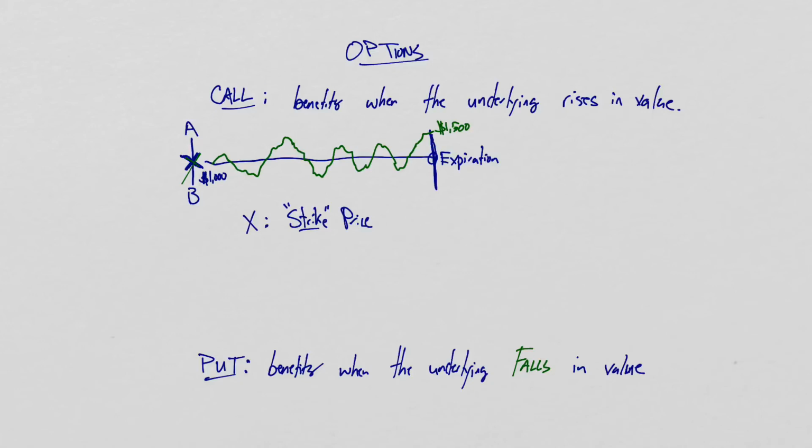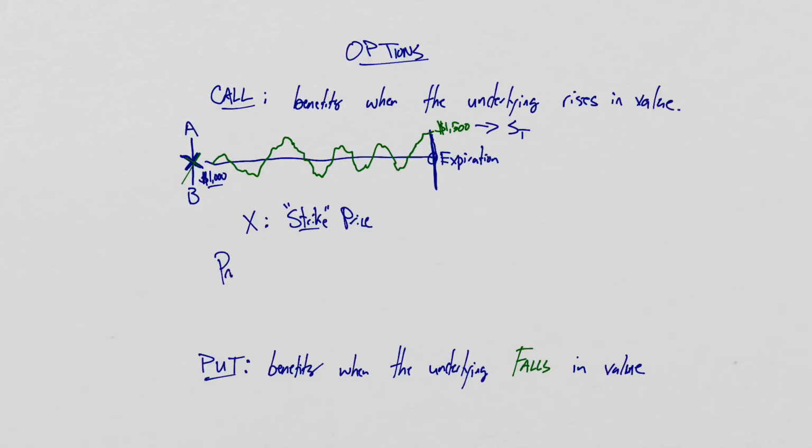In this case, the value of the underlying, remember that, is denoted by S at time T, at the end of all this, is $1,500. And the strike price hasn't changed. It's still $1,000.